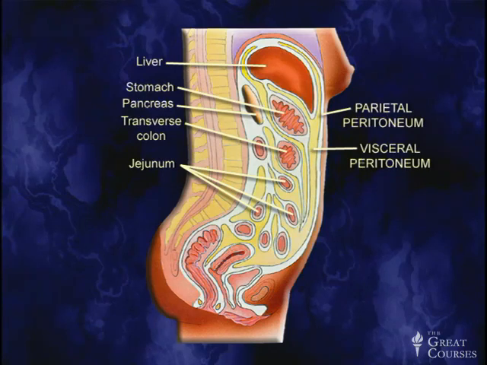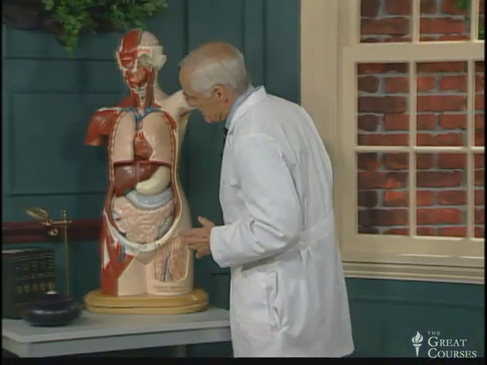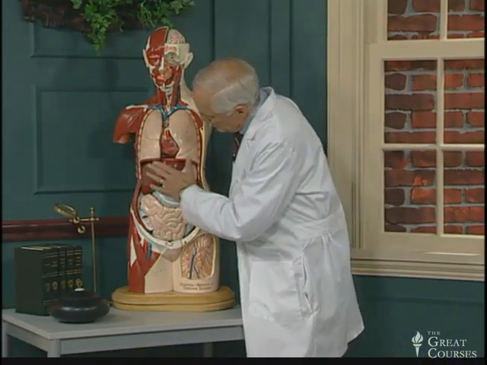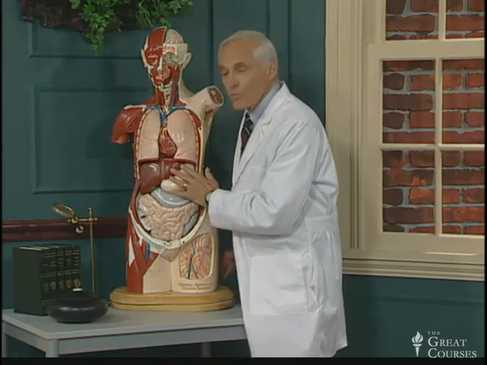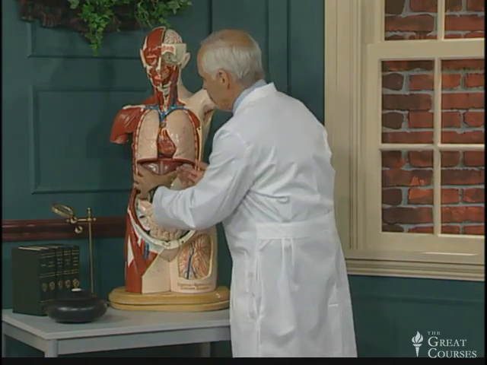Also, the middle portion of the duodenum is considered extraperitoneal, as is the rectum. The reason this is important is because diseases that affect them are different from the diseases that affect the intraperitoneal organs.